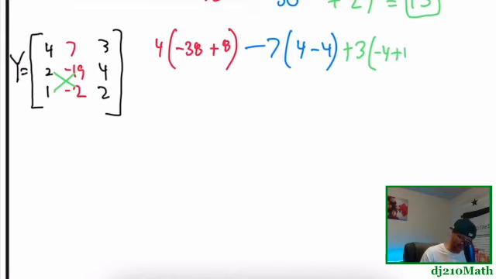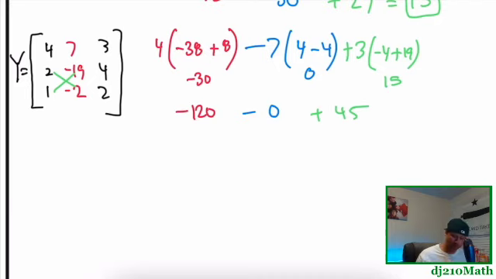So plus 19. Okay, we got negative 38 plus 8. It's negative 30. Times 4, negative 120. 4 minus 4 is 0, which is nice. Negative 4 plus 19, 15 times 3 plus 45. So negative 120 plus 45, negative 75.